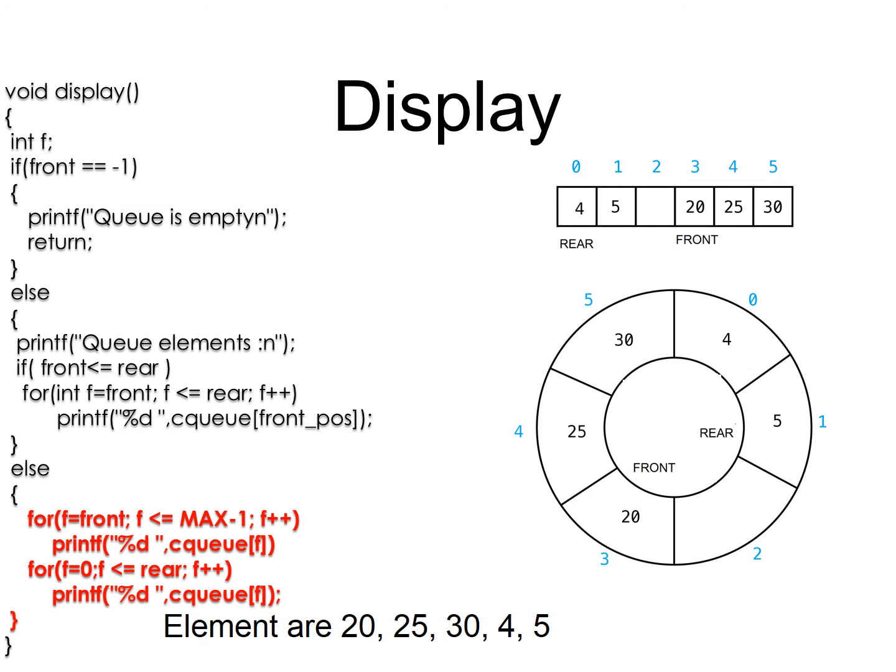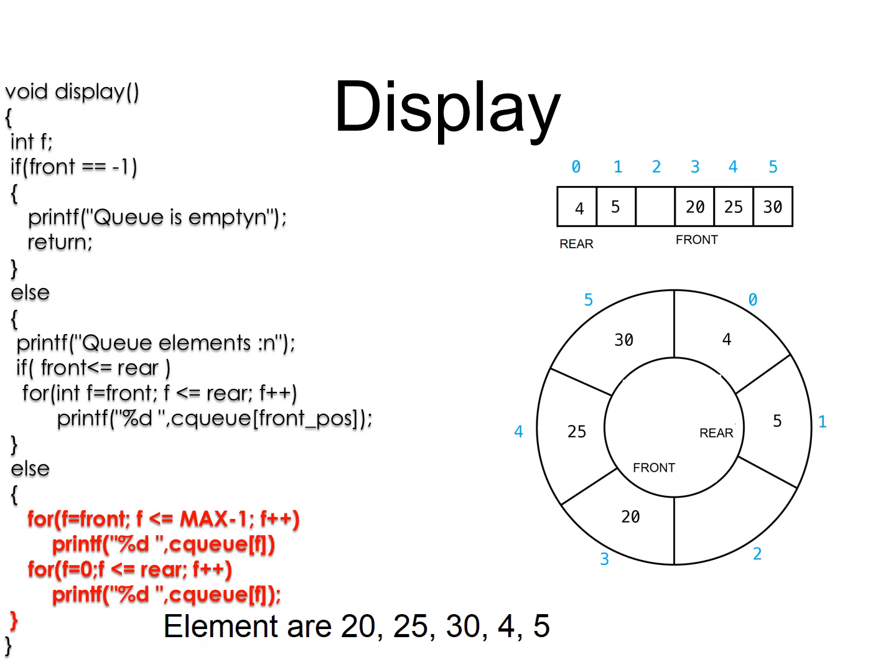Now if you see, after some deletion, rear might have reused the space. In that case, rear will be less than the front. Front will not be less than rear. In the previous case, rear was bigger than front. Now in this case, front is bigger than rear. That means from front till the last position I have to print. After that, I have to start reading from the first position onwards, up to rear.